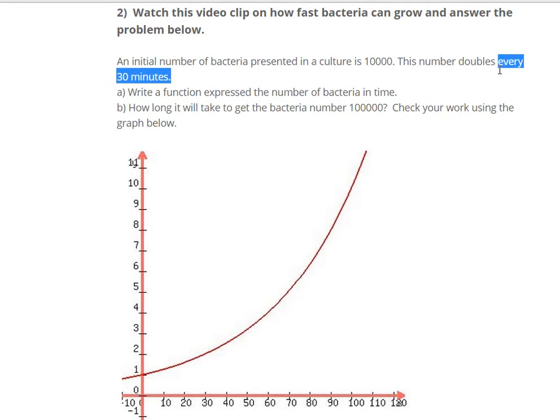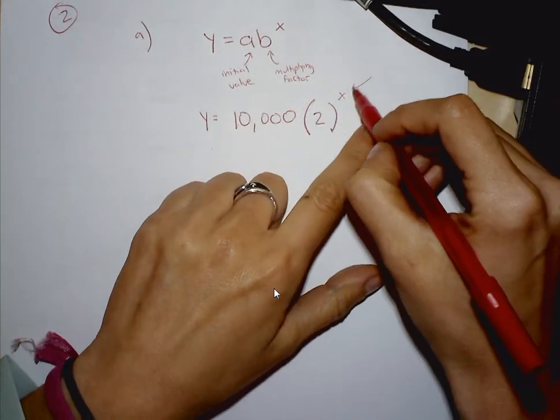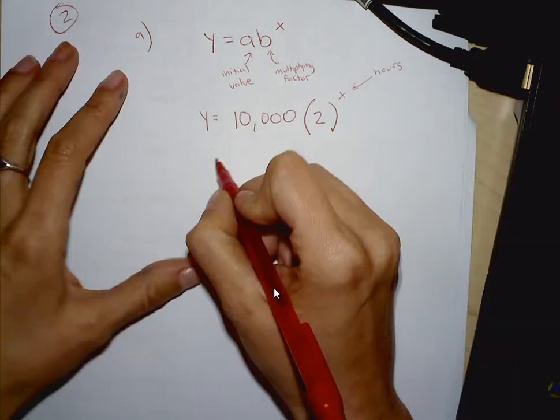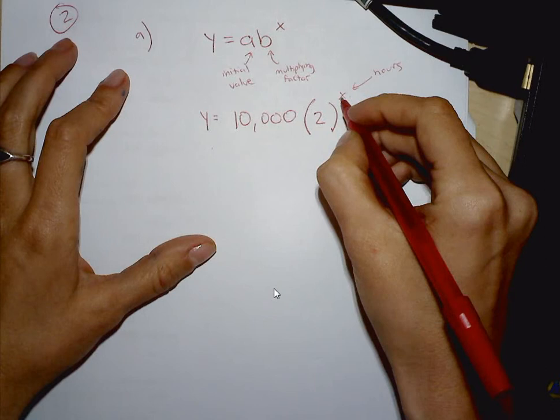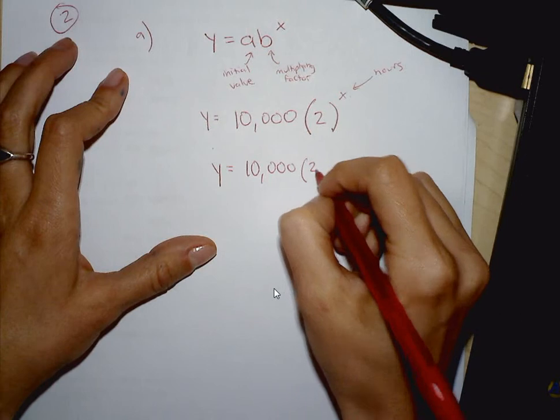Okay, so usually our x or our t here is in years. We've been used to that. Now, I think it's probably easiest in this case for our t value to be in hours. All right, so if we double every 30 minutes and my x is in hours, that means my function has to be y is equal to 10,000 times 2 to the 2t.